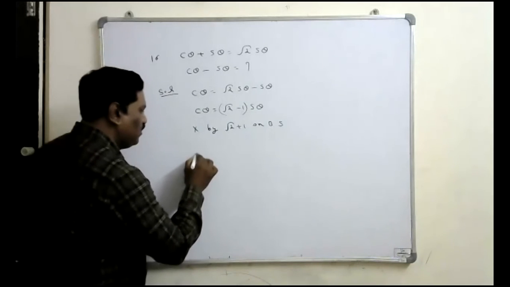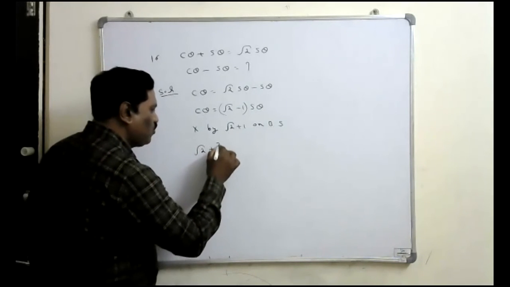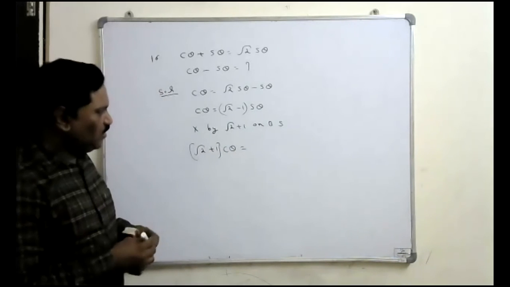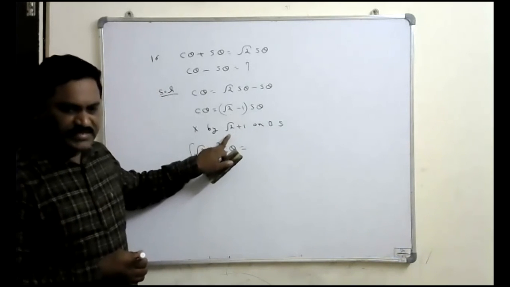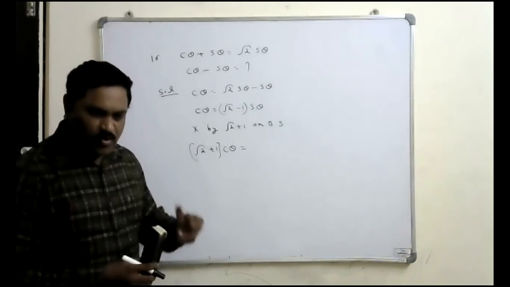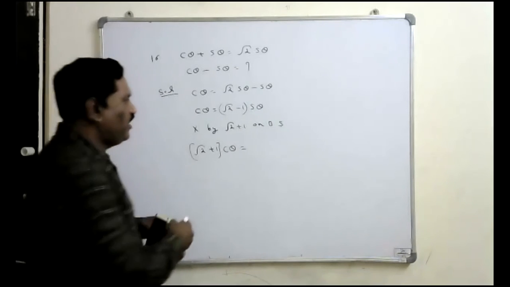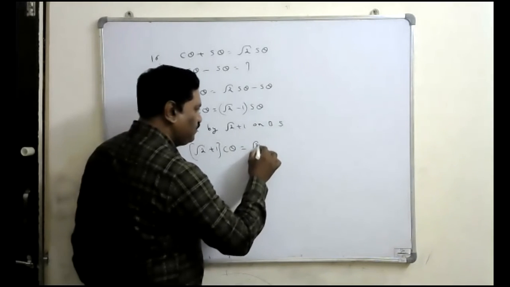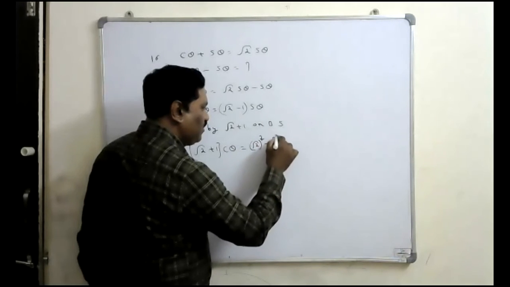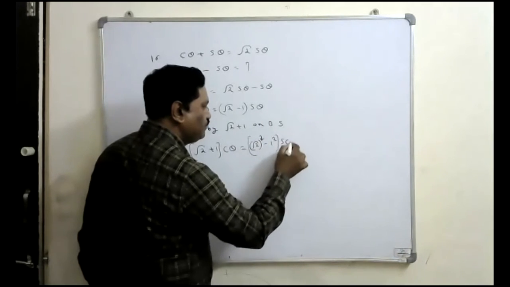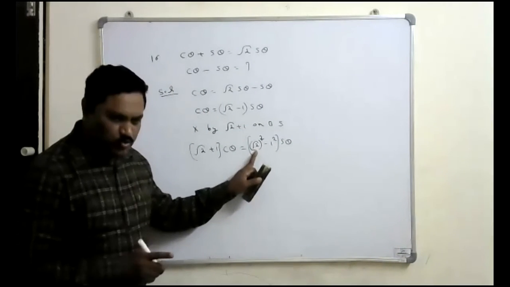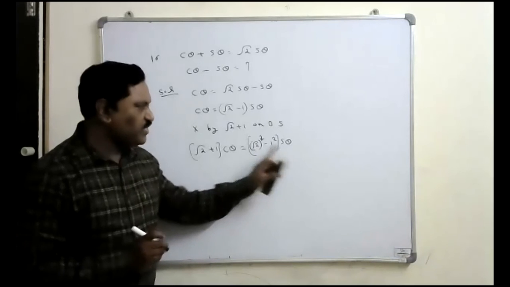Then we are getting root 2 plus 1 into cos theta is equal to, observe this. If you multiply these two, it is a plus b into a minus b, that is a square minus b square. So a square means root 2 whole square minus b square means 1 square, into sin theta. So root 2 whole square is 2, minus 1, that is 1 into sin theta.